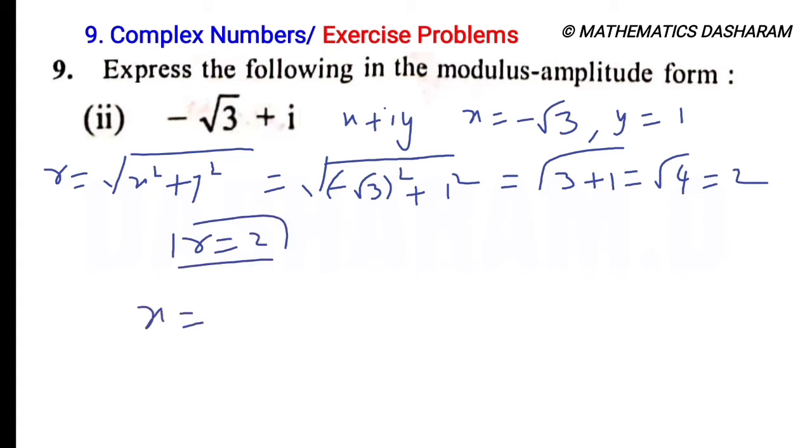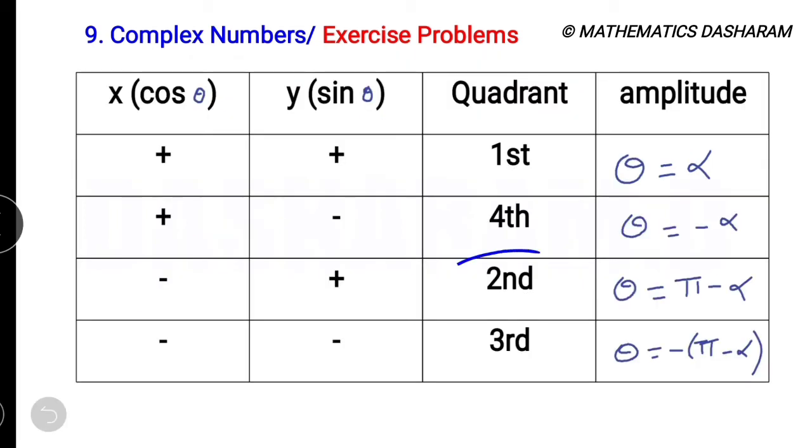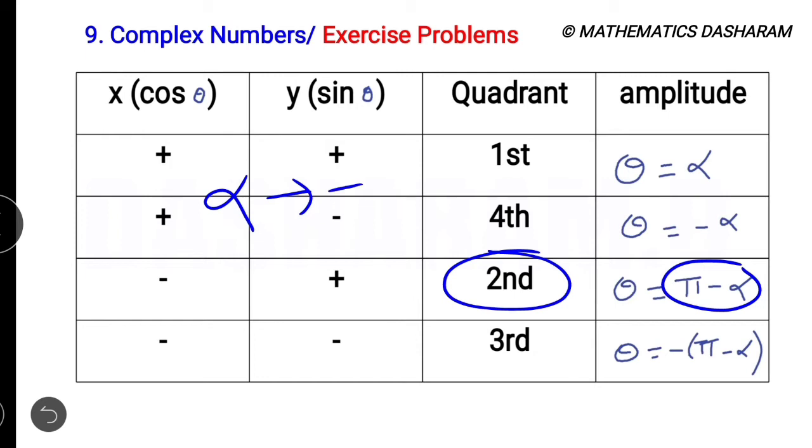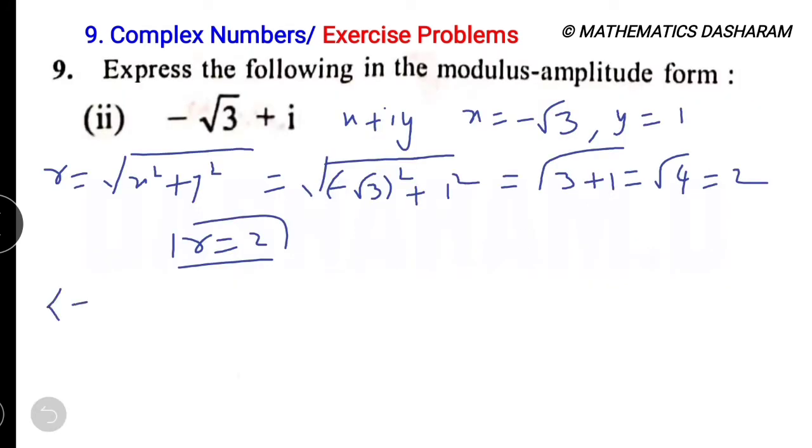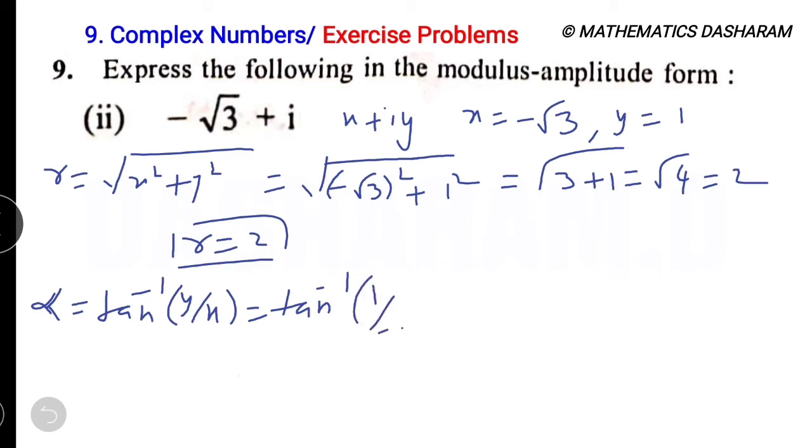Next, here x value is a negative value and y value is a positive value. So that means the point x comma y lies in the second quadrant. So then the amplitude theta becomes pi minus alpha, and alpha value should be a positive value. Even if you are getting negative, you should consider it as positive. But what is alpha? Let's find out. So alpha equals tan inverse of y by x. So it equals tan inverse of y value 1 and x value minus root 3.